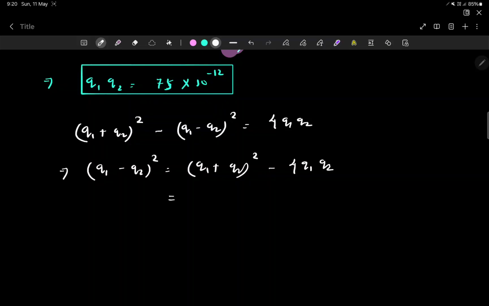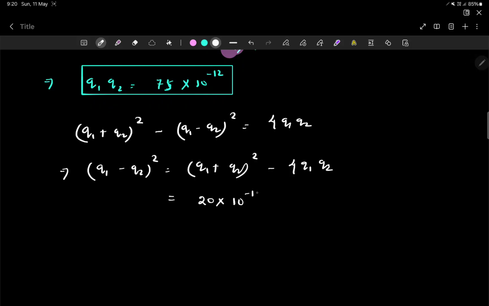So the Q1 plus Q2 value is 20 microcoulomb. So 20 micro means 20 into 10 to the power minus 6, whole square, minus 4 into Q1 Q2, whose result is 75 into 10 to the power minus 12.